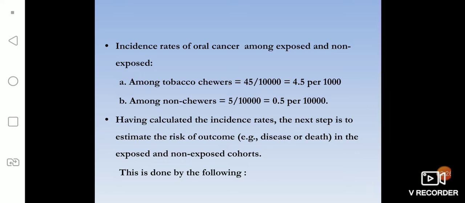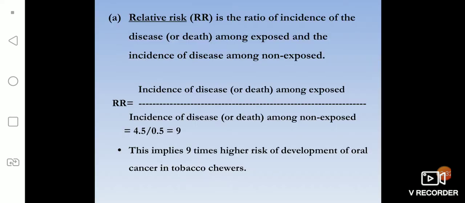Now after the calculation of incidence rates, we go to the relative risk. Relative risk is the ratio of incidence of disease among exposed and the incidence of disease among non-exposed.